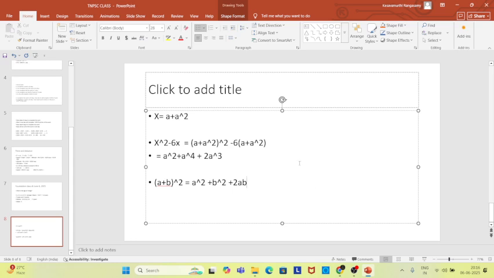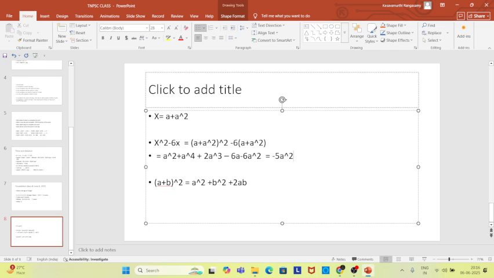So you are getting that. Then minus 6a minus 6a square. So you simplify this. How many a squares are there? Here 1a square, there minus 6a square, so you have got minus 5a square.